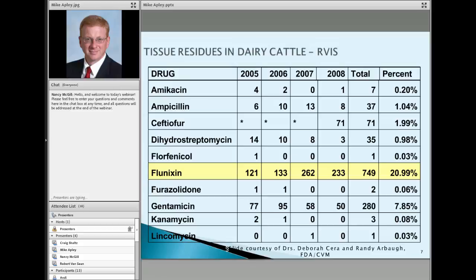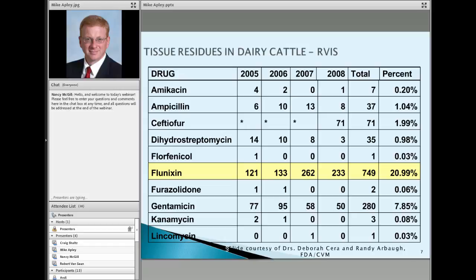Now our big topic today is talking about residues in dairy cattle. And Dr. Schultz already addressed some of the ones that are an issue and how these are evaluated at the slaughter plant. I wanted to share with you some data, courtesy of Drs. Deborah Serra and Randy Arbaugh at the FDA Center for Veterinary Medicine, who have compiled these data.